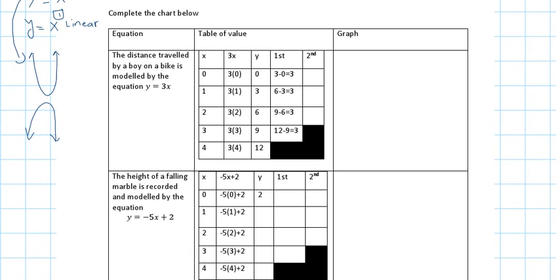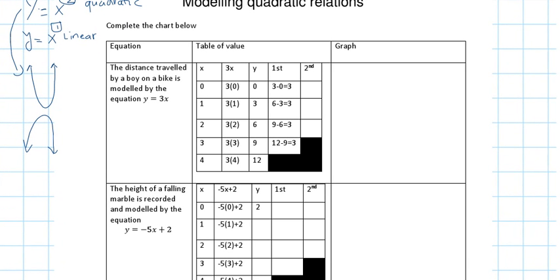The distance traveled by a boy on a bike is modeled by the equation y equals 3x. If you're looking at the equation, can you tell me from the equation if it is linear or quadratic? Linear. Why? No degree on the x, right? It's degree 1, which we don't write down.